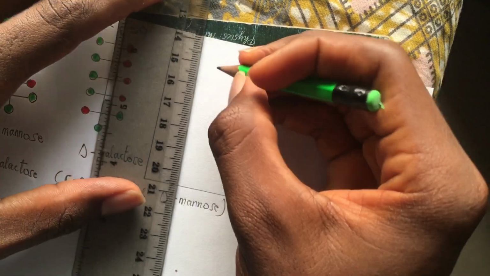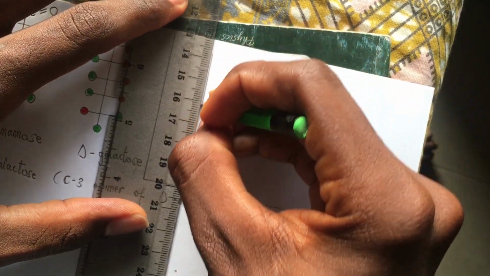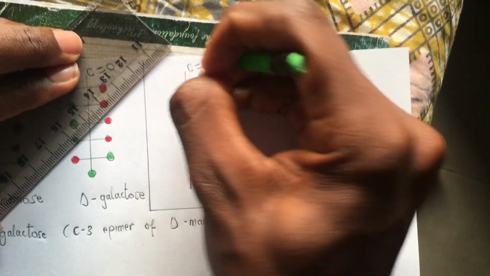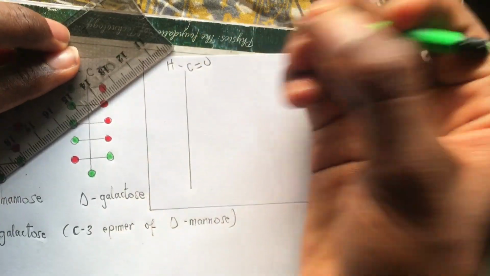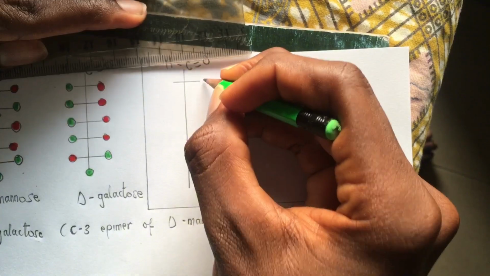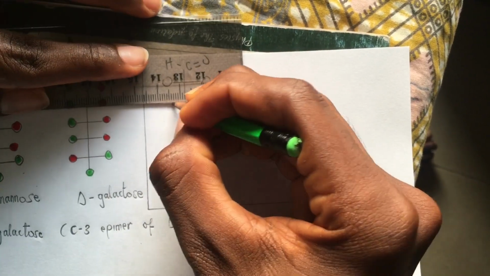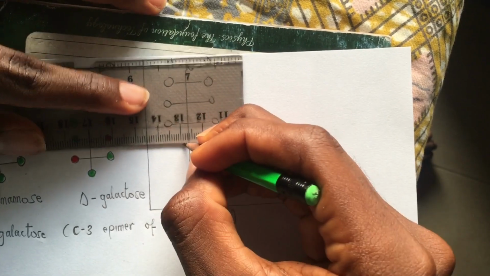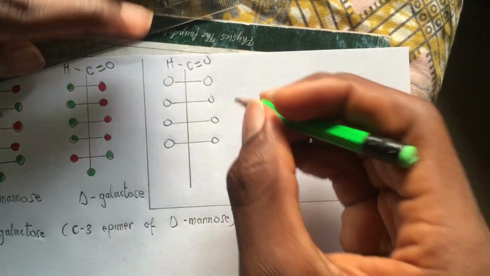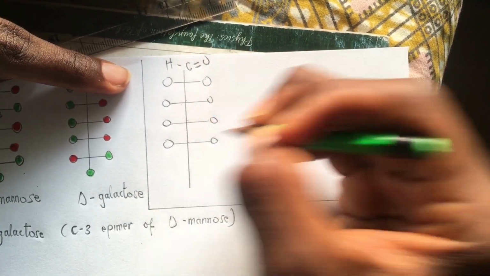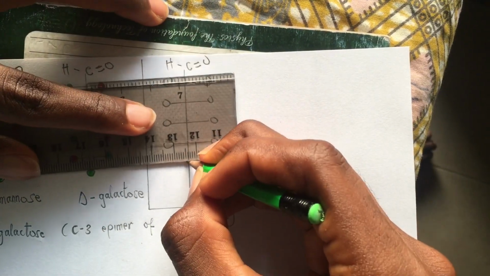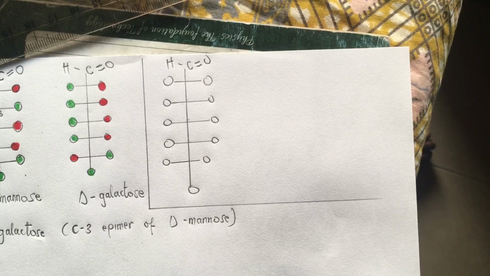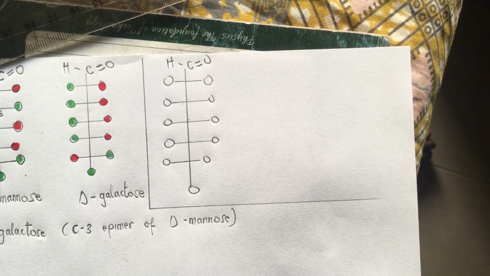So now this will be glucose, where we'll be having our carbon bonded to here, having our H, then O, O, O, O, O, O, O. So 1, 2, 3, 4, 5. So our last carbon, let's say this one to be O, O, and O.